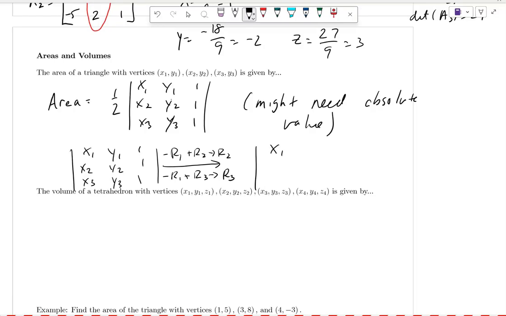That doesn't change row 1. What does row 2 become? Let's see, x2 minus x1, y2 minus y1, and 0, right? And then likewise, the third row looks almost the same, right?